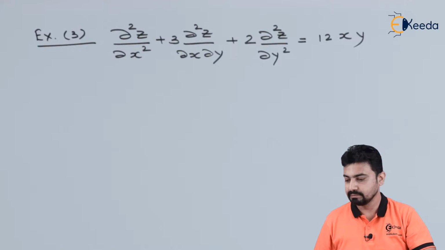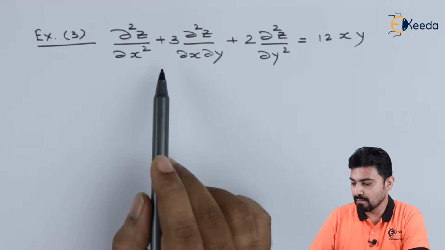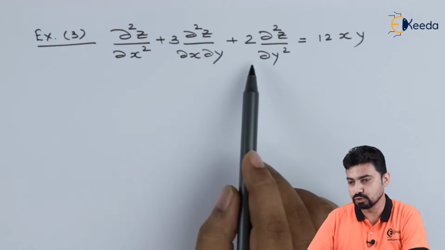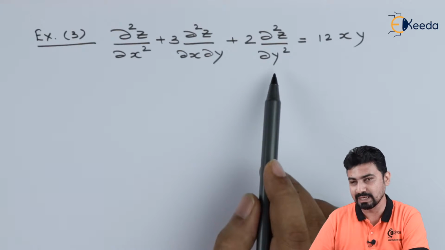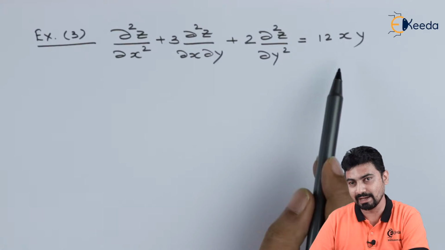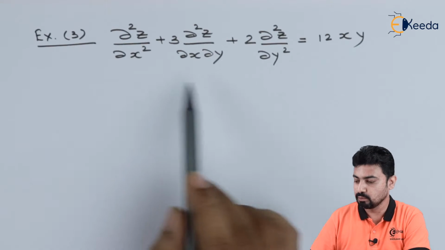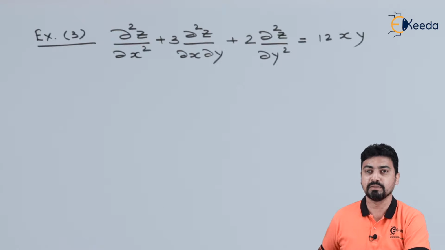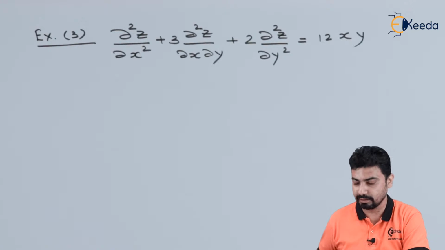Our example is del square z by del x square plus 3 del square z by del x del y plus 2 del square z by del y square is equal to 12xy. Let us first convert the left hand side as a function of D and D dash, where D is partial differential by x and D dash is partial derivative with respect to y.